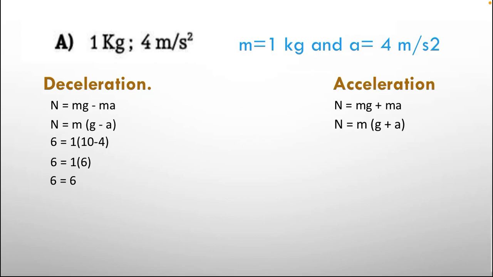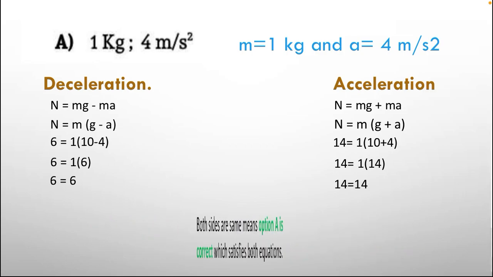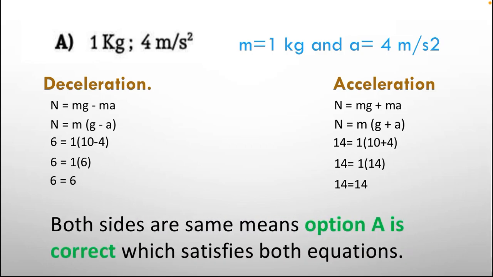Here N equals m times g plus a, 14 equals 14. Both sides are the same, which means option A is correct, as it satisfies both equations. So here we put option A's values in the formulas, and both sides give the same answers, so this option is correct.